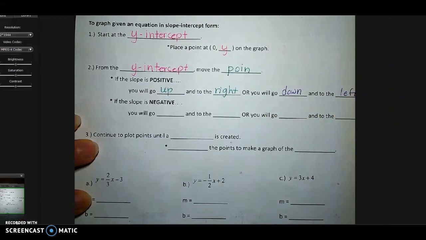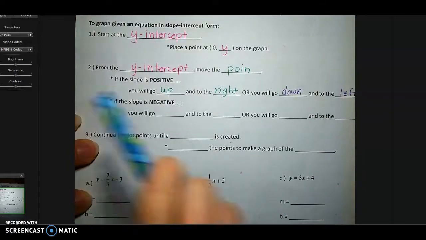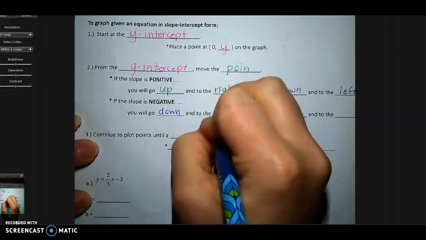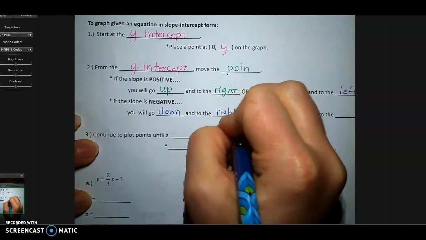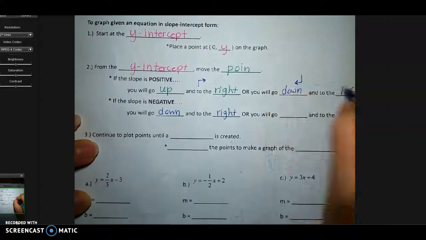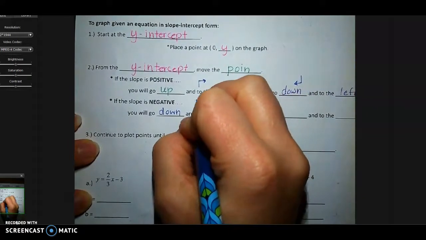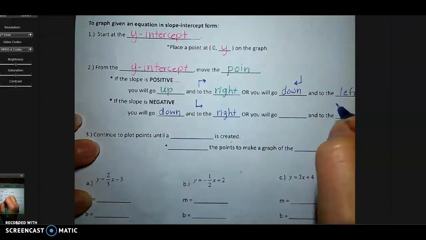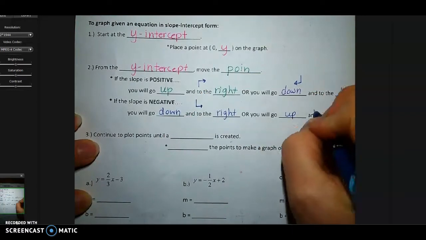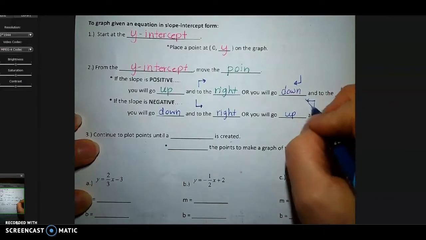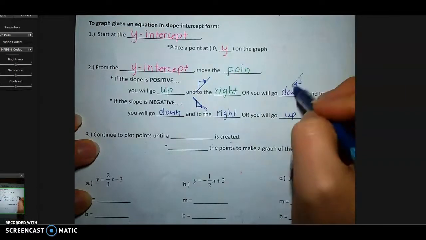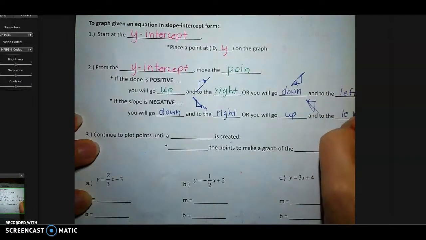Now, if the slope is negative, you will go down and to the right. So either up and to the right or down and to the left. This one we're going to go down and to the right, or we are going to go up but to the left. So you can kind of see how those lines point in those ways.